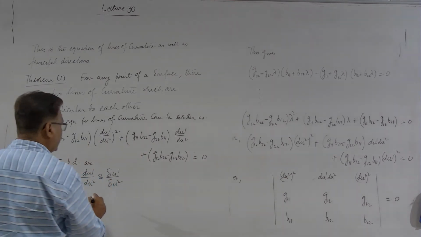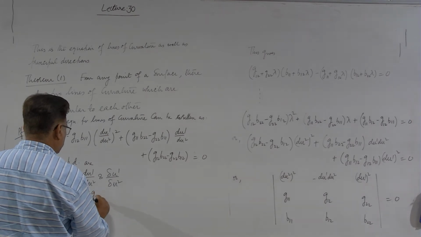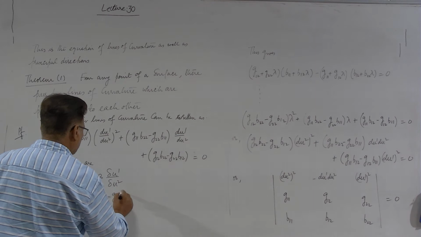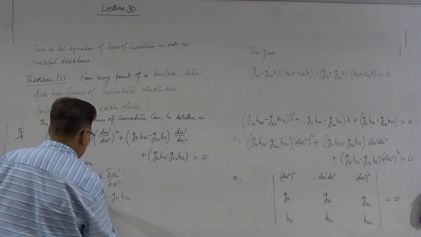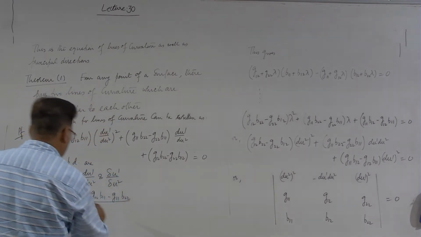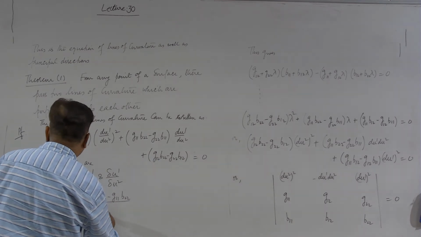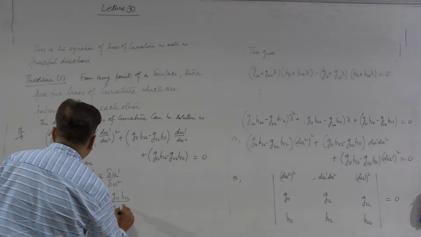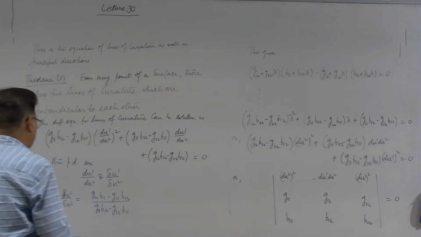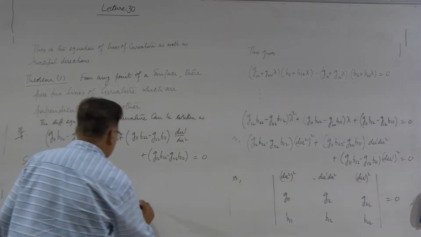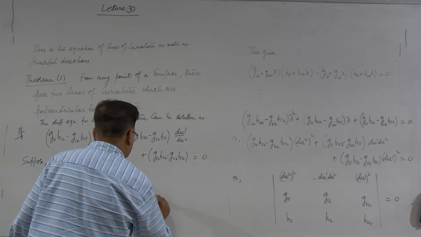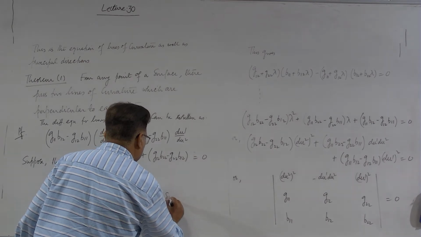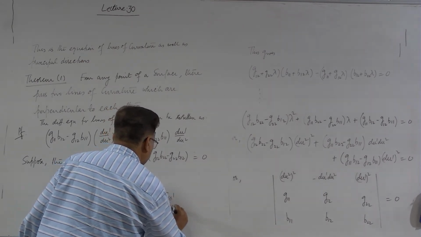So, it will be G22 B11 minus G11 B22 upon G11 B12 minus G12 B11, and the product of the principal directions is du1 over du2 times delta u1 over delta u2.